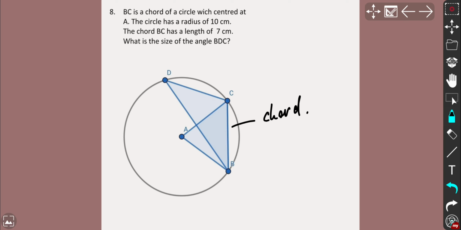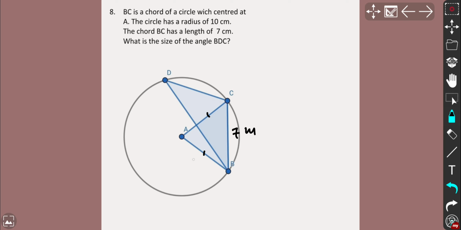That's the definition of a chord. We have the radius, which is 10, and we have 7 for the chord. We've got 7 meters here, that's BC, and we've got the radius AB, and AC as well is a radius, so it's the same size, 10 meters, in triangle ABC.